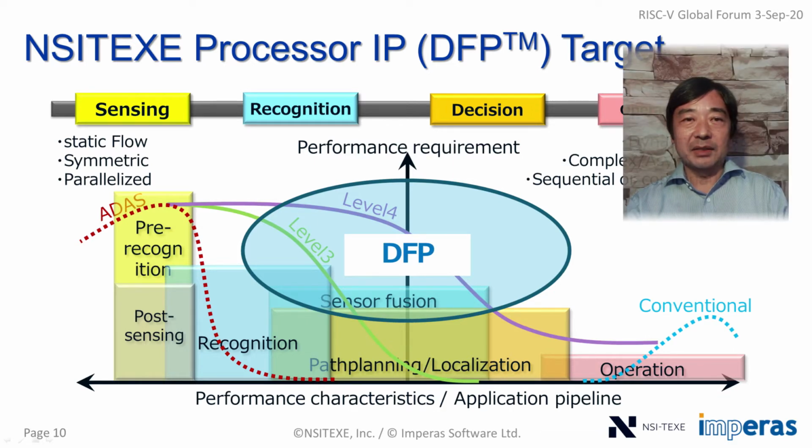The intermediate part is a combination of these, and that's a major reason that the existing processors do not fit this area. As I said, RISC-V has good capability of extension, and again, that is one of the big reasons for choosing RISC-V.